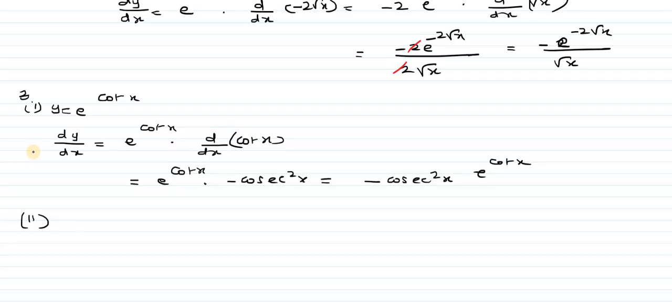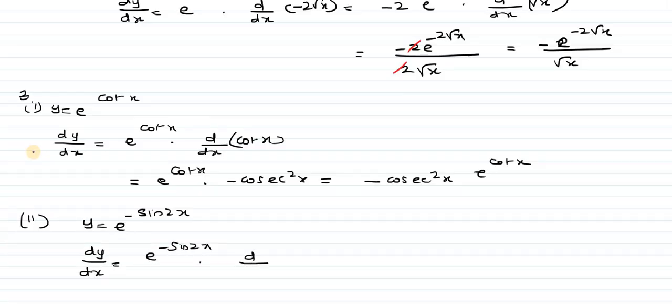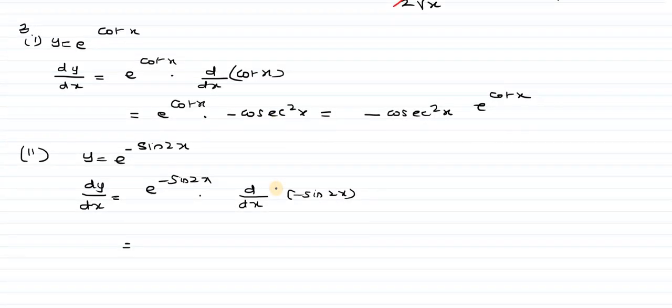Third one, second sum: y equal to e power minus sin 2x. dy by dx will be equal to e power minus sin 2x into d by dx of minus sin 2x. Right? So e power minus sin 2x, the differentiation of sin 2x, the minus you can take outside.